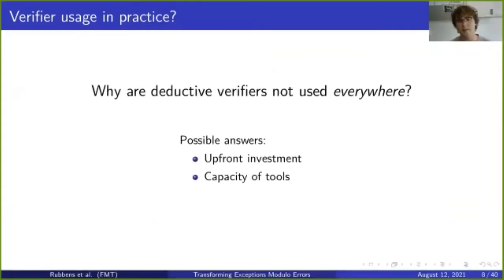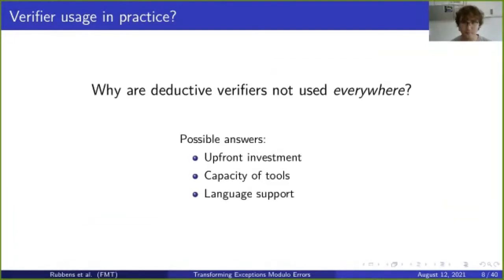The second answer can be capacity of tools. It might take a very long time before a verifier can prove that your system actually adheres to the specification. However, we are also not going to look at this answer. The third answer is that deductive verifiers do not fully support the languages that they can analyze. This is the answer that we will be looking at in this presentation, and also how we will improve the situation.